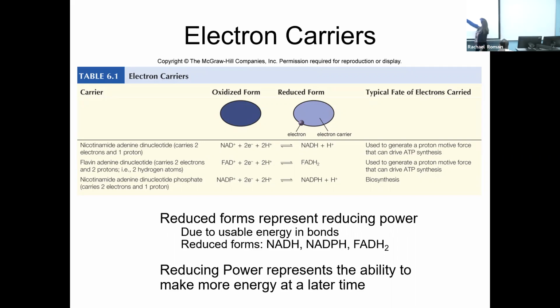So you can see NAD plus becomes NADH. FAD plus becomes FADH2. NADP becomes NADPH. When you see the H on the end, it means it's carrying those electrons. Carrying those electrons means it has to be in the reduced form.